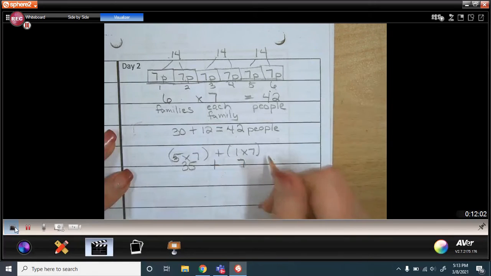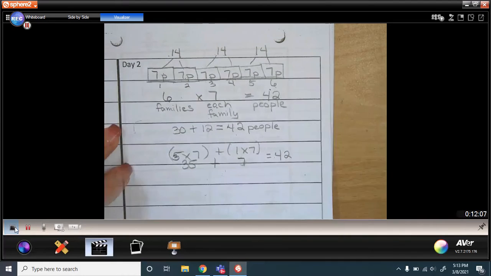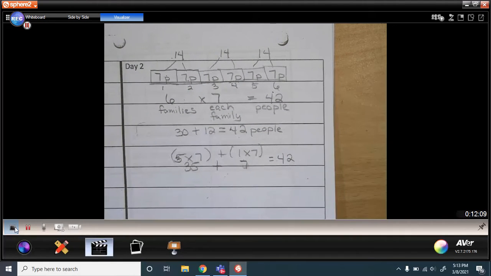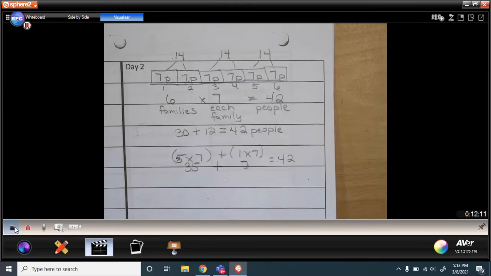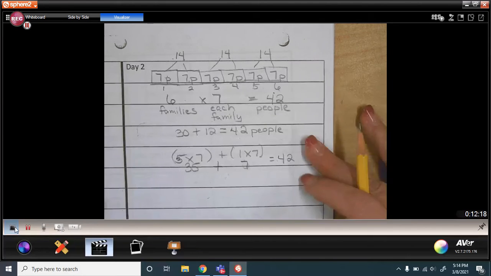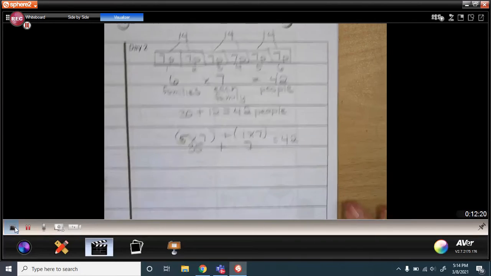Then 35 plus 7 is going to be 42. So several different ways that you can look at this, guys. Whatever makes it easier for you. But remember, you have strategies to help you solve the problems. So don't guess. Use a strategy to help you get the answer correct.